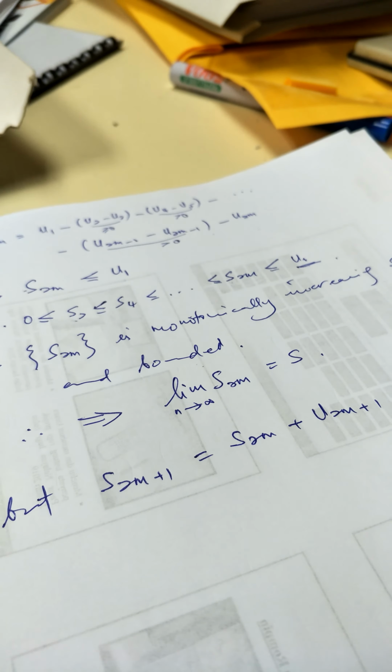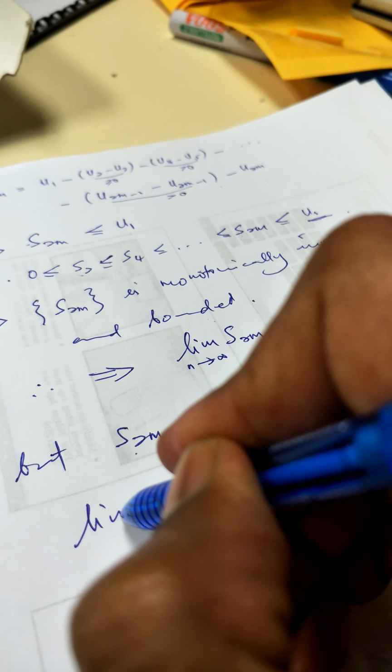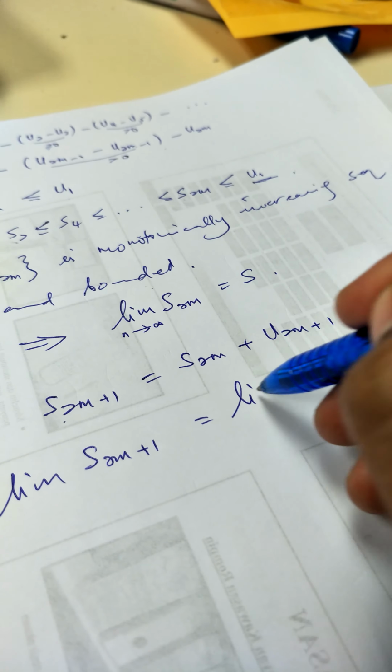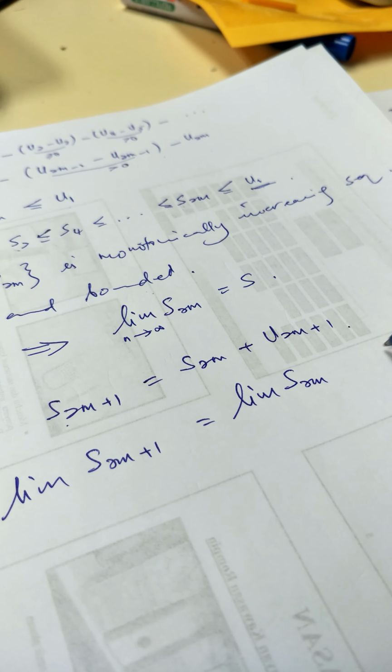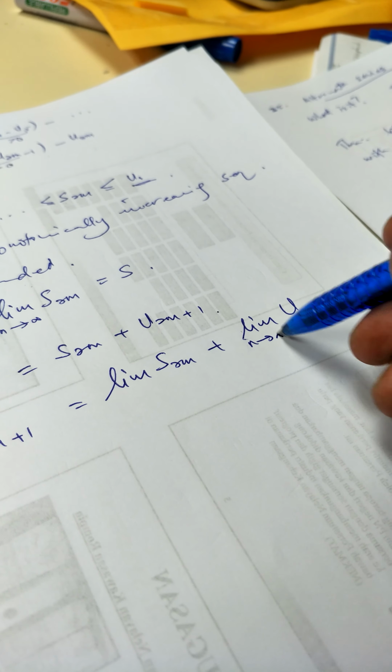Now, if you take a limit of S_{2m+1}, it is equal to the limit of S_{2m} plus the limit of U_{2m+1}, as m goes to infinity.